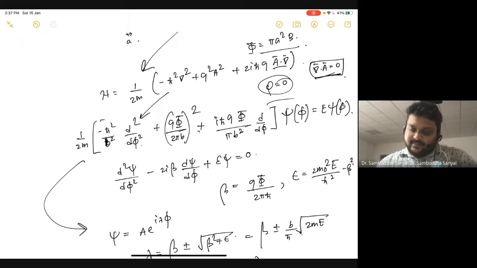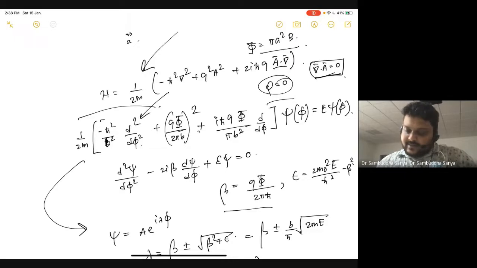So I am just taking this coefficient and passing everything to the right hand side. When I do that, I end up with the equation which only has d2 psi d phi 2 plus 2i beta d psi d phi. The beta means this 2m goes here and gives you this beta, and similarly this guy goes here and gives you this factor of epsilon.